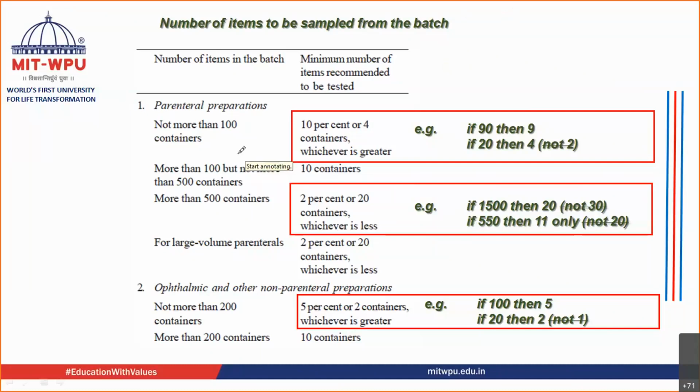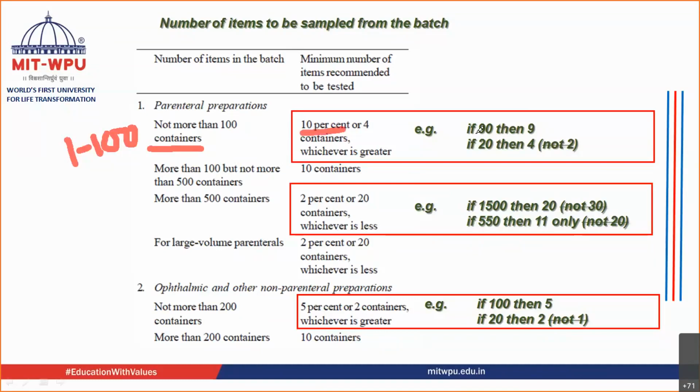Now, if the parenteral preparation contains not more than 100 containers, so it is containing between 1 to 100 containers, then how much are you going to take? You are going to take 10%.